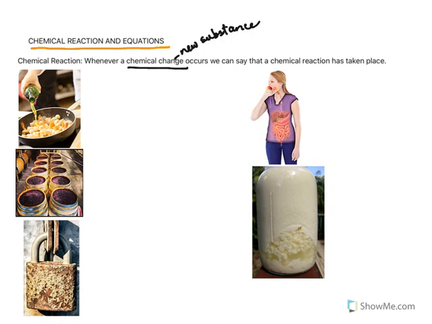Last year we learned about physical and chemical changes. Physical changes are changes when no new substance is formed, while chemical changes are changes when a new substance is formed. Here are some examples of chemical change. In the first picture we can see the cooking of food.